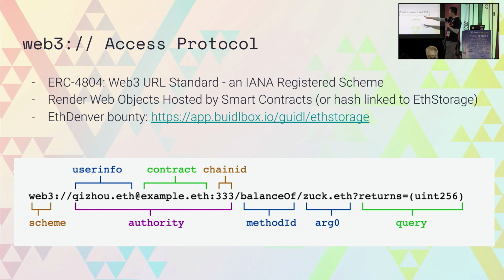So the authority here is replaced by a name or a contract, and there's a corresponding way to tell how to call this contract and return the content. And we have an Ether bounty for any developers and hackers who are able to deploy their contract and create dynamic web content using the Web3 Access Protocol.